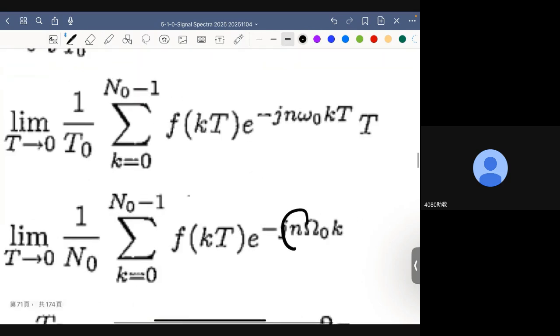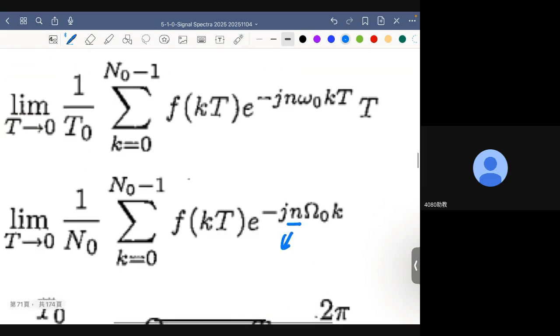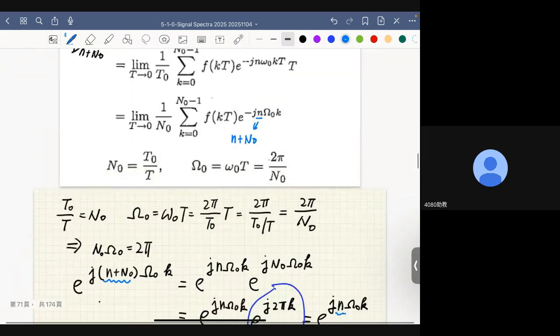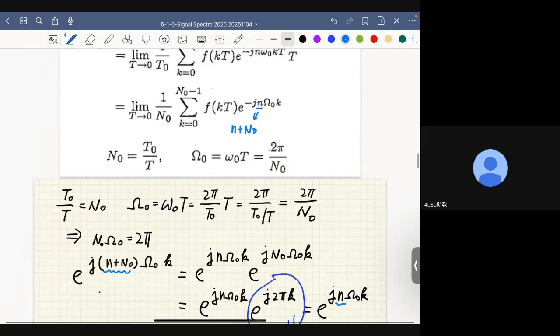The only thing that is different is that n becomes n plus capital N0, and this is essentially this.